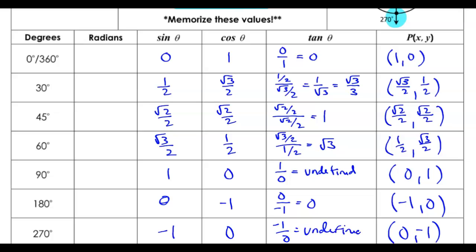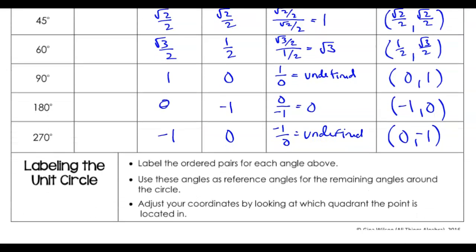Now, if you look at the next page, there are actually going to be 2 pages. It is actually going to have a unit circle where we can write in all of the ordered pairs. As you rotate a little bit further around, we're going to be looking for the reference angles for anything larger than 90 degrees.